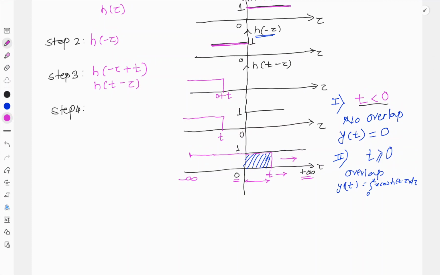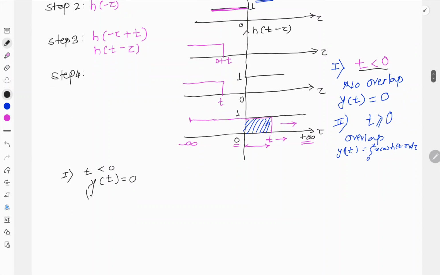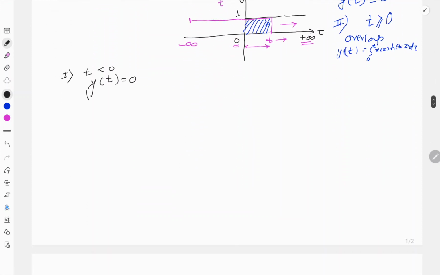So our first condition is t less than 0, y of t is equal to 0. And the second condition is, if t becomes greater than or equal to 0, y of t is equal to the integration from 0 to t of x of tau into h of t minus tau d tau.